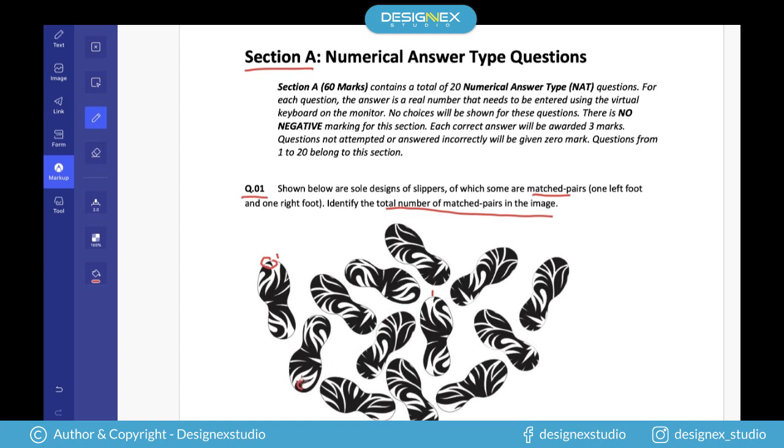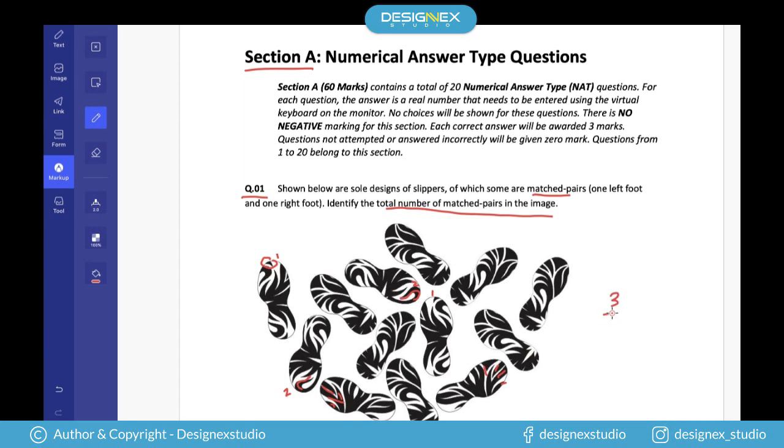This little shape is matched right here. And this kind of flowery pattern matches around here, this one. So a lot of pairs have been matched.